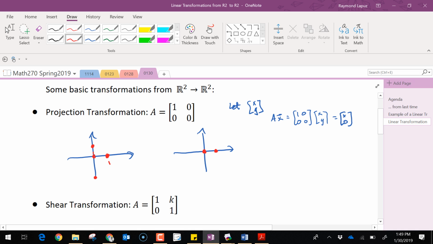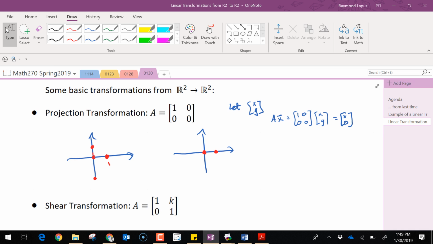So it looks like what happens here is that all these things are going to get collapsed into the x-axis, right? So for example, if you restrict your domain like we've done, to a square over here, what's going to be your output?